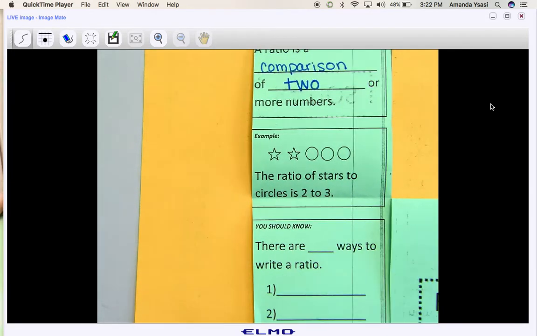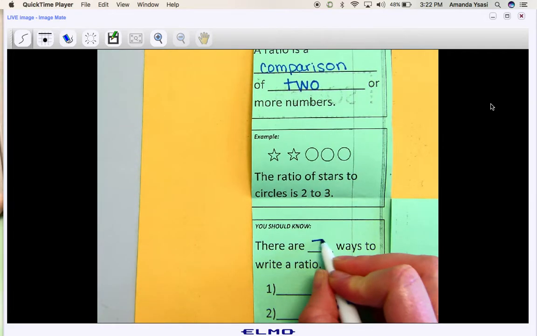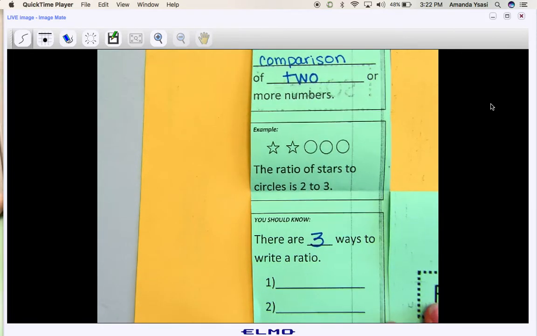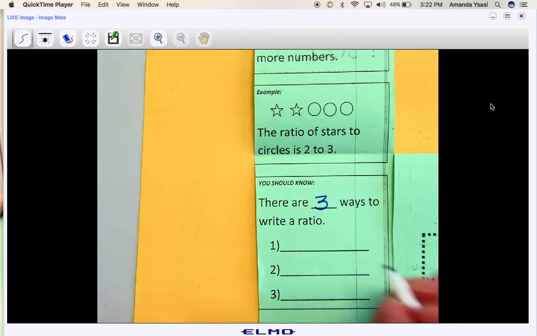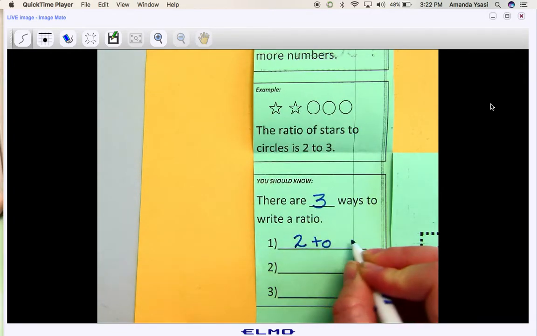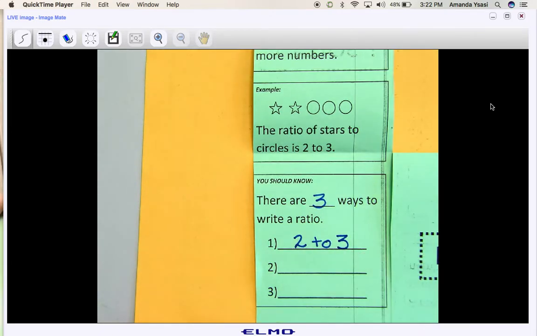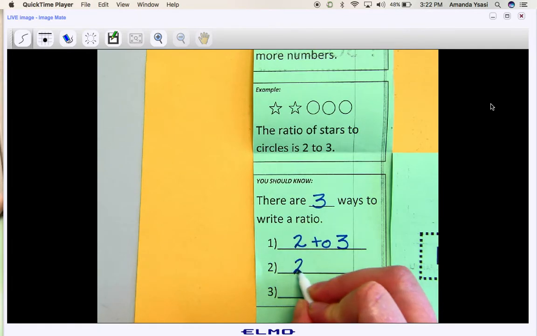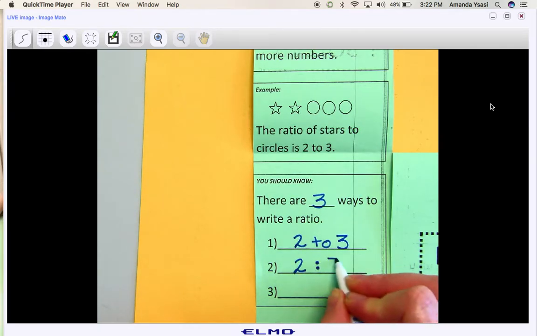You should know that there are 3 ways to write a ratio. We can write it as 2 to 3 with the word "to." We can write it as 2 colon 3.